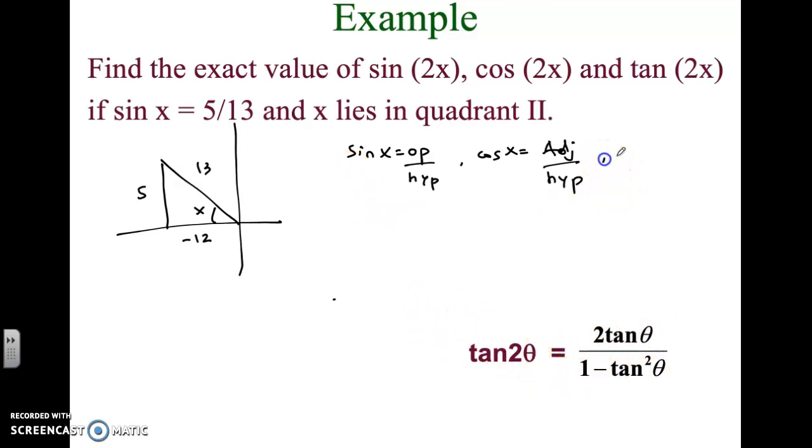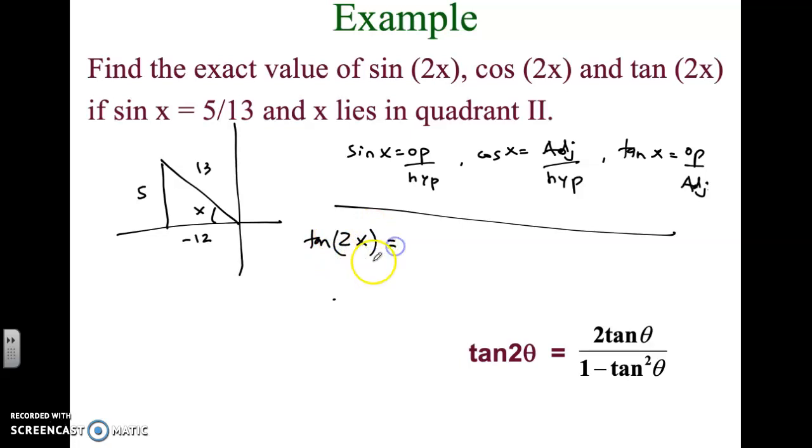What's tangent? Tangent is opposite over adjacent. So tangent of 2x in this case is equal to 2 times tangent of theta, my angle.